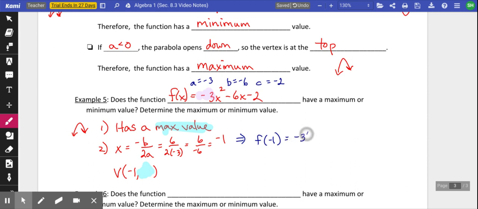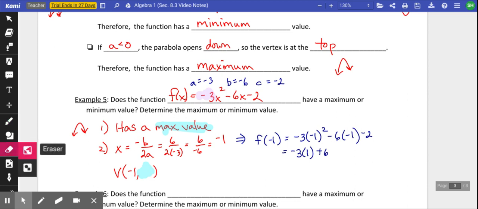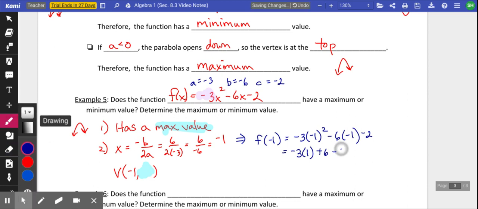So negative 3 times negative 1 squared minus 6 times negative 1 minus 2. Again, apply the order of operations. I'm going to do my multiplication here because I already took care of my powers. So negative 3 plus 6 minus 2, and we are almost to our maximum value. This is going to be 3 minus 2, which is 1.